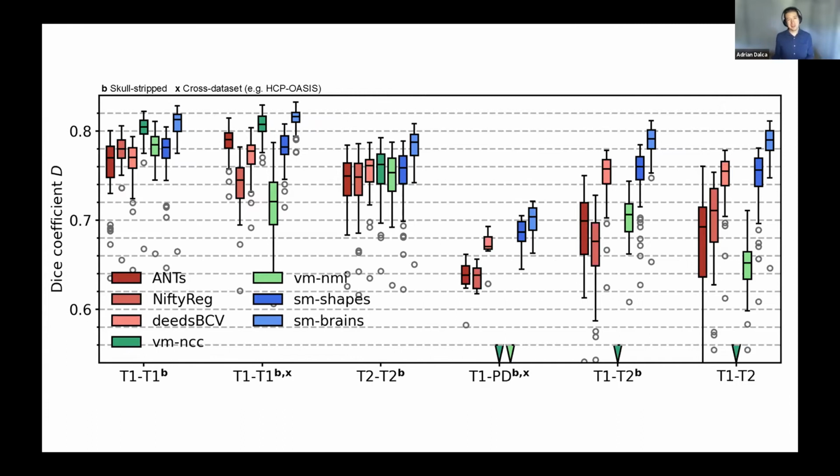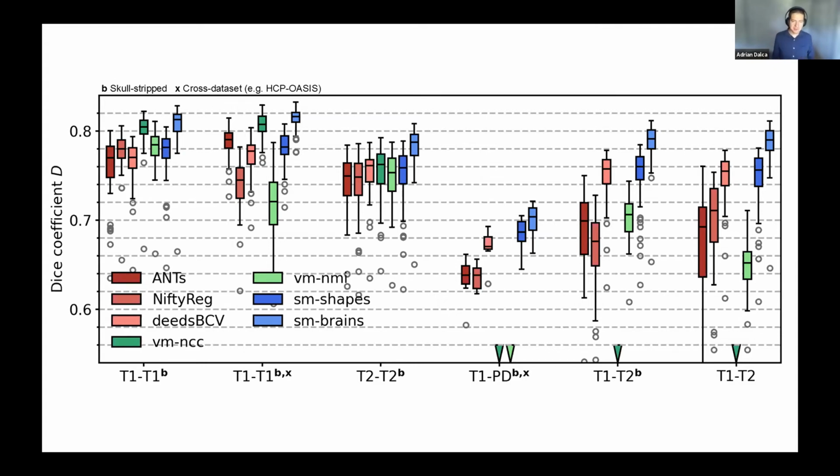And the classical models still do well because the classical models, they're not learning based, so they don't really care what existed in your data set. They lose a little bit of accuracy because when you're going across contrasts, there's less information shared. The VoxelMorph models, though, and any deep learning model that we try, completely collapses because it's never seen this combination of modalities before.